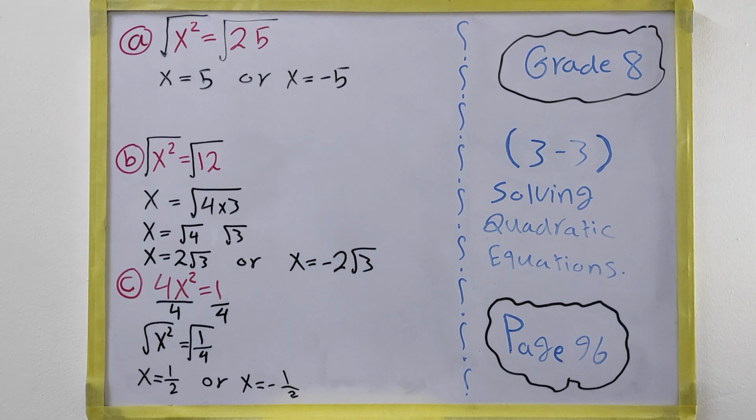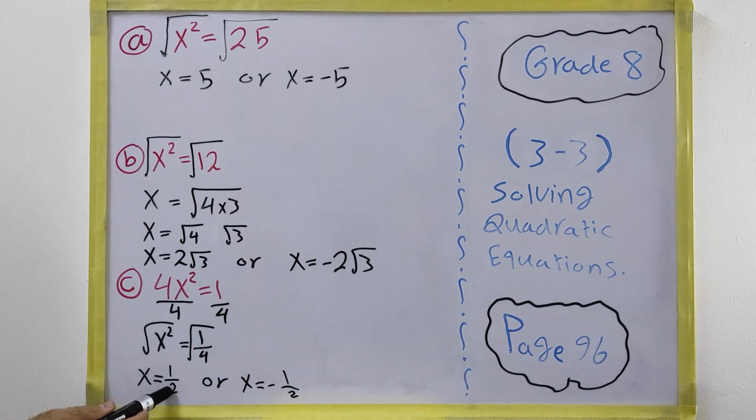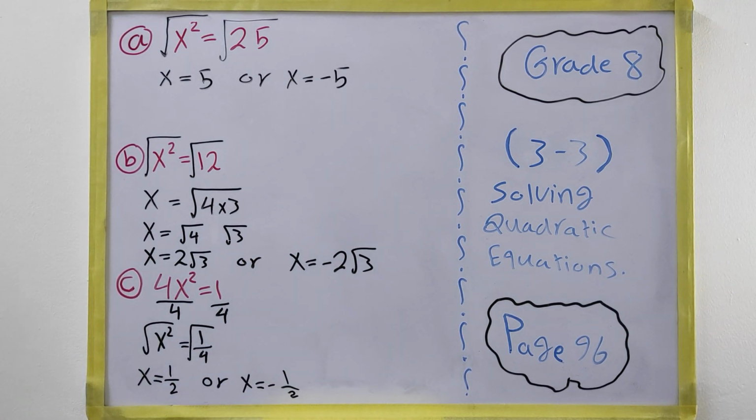Like that we can do. Square root of 1 over 4 is 1 over 2 or negative 1 over 2. 1 over 2 multiplied by 1 over 2 should be 1 over 4. Negative 1 over 2 multiplied by negative 1 over 2 again equals 1 over 4.